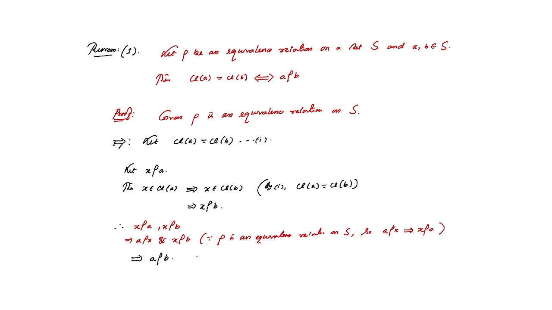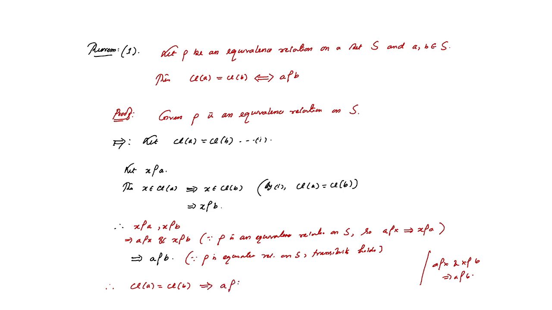And since rho is an equivalence relation on S, transitivity holds. So what exactly do we know? A is related to X and X is related to B, that means A is related to B. So what we proved is class A equals class B implies A is related to B.